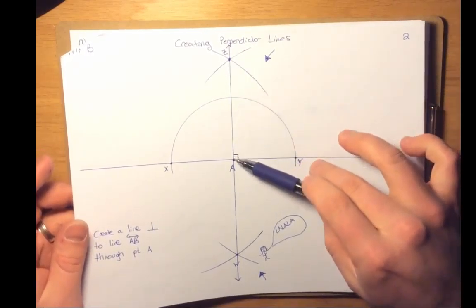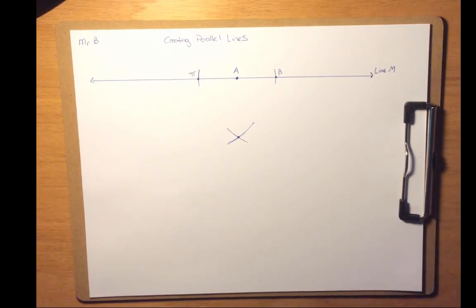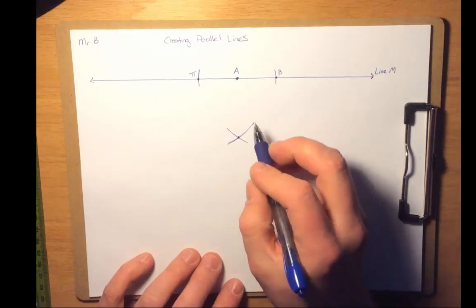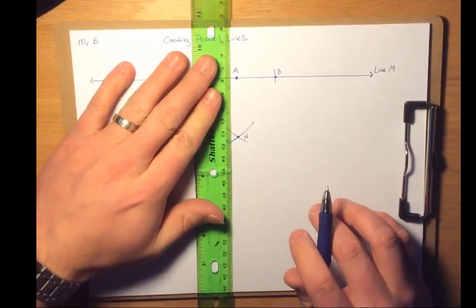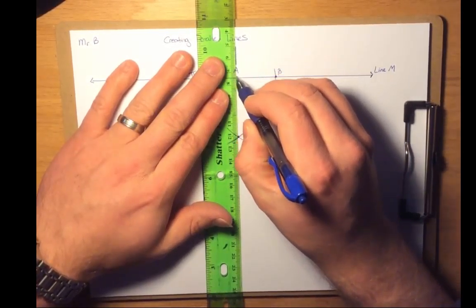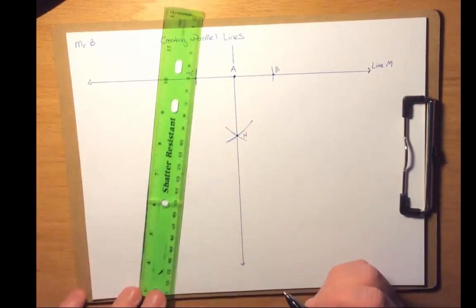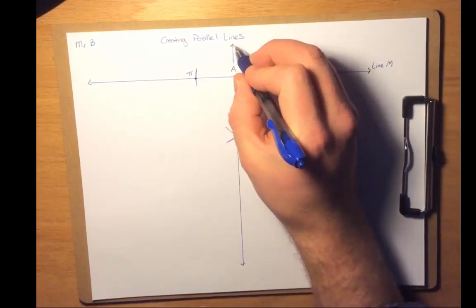So while I did enough for 3 in the last construction, it's adequate if I have just this point and this point to create a perpendicular line. I'm going to call this point N, and I am then going to connect A and N such that I now have a perpendicular line right here.